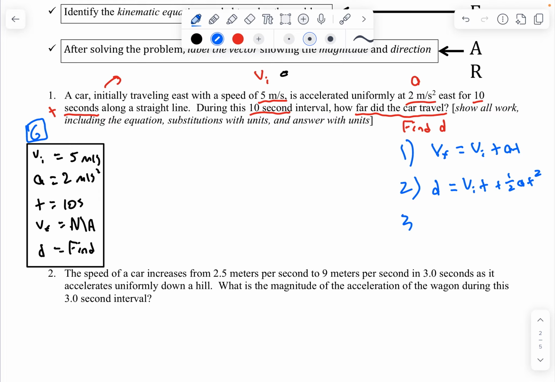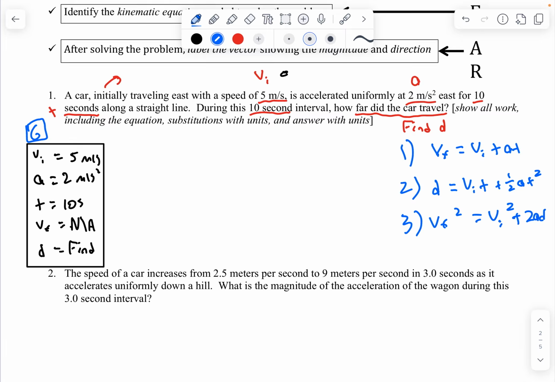And the third equation is final velocity squared equals the initial velocity squared plus 2 times the acceleration times displacement. On your exam, you're going to get a reference guide that has these equations, so don't worry about memorizing them. We're going to learn how to find the right equation to use.